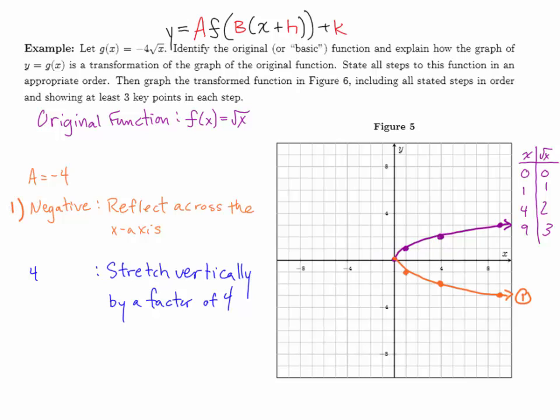Now, for my second step, I'm going to stretch vertically by a factor of 4. So what this means is that every y value is going to be multiplied by 4. So 0, 0 is going to stay put. 1, -1, I'm going to now have 1, -4.